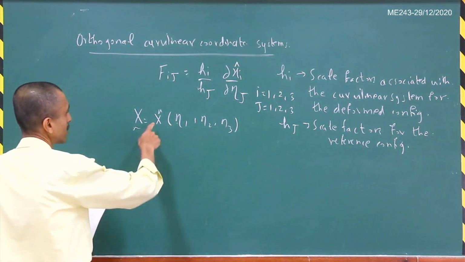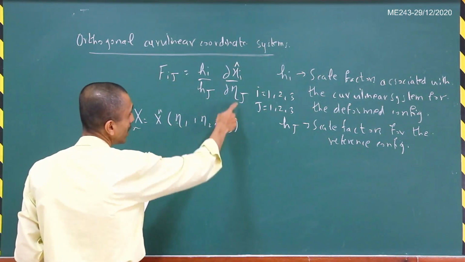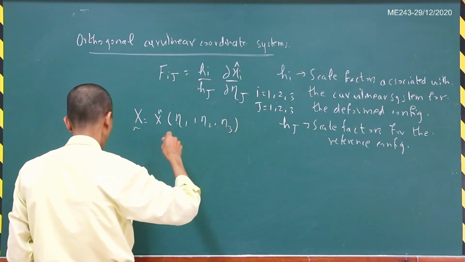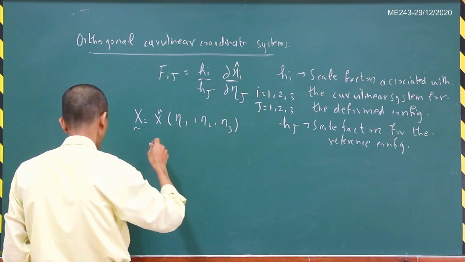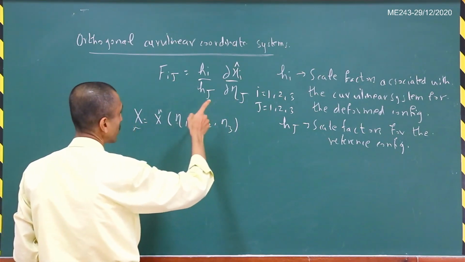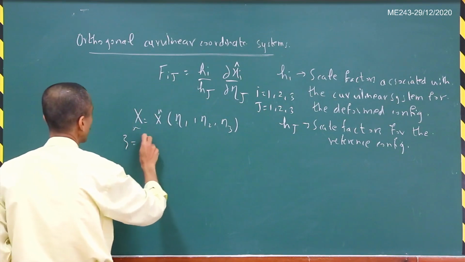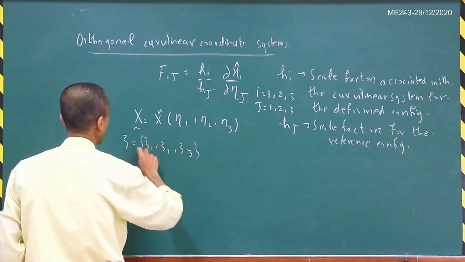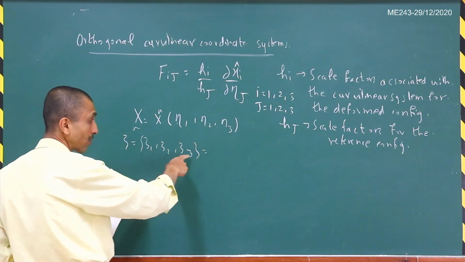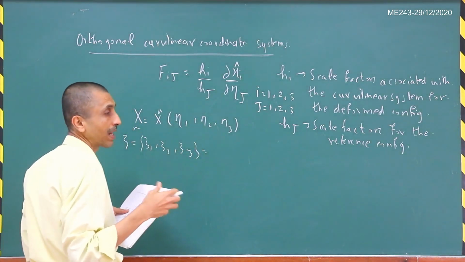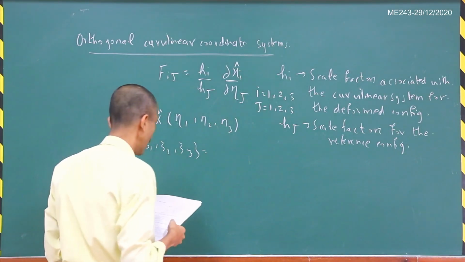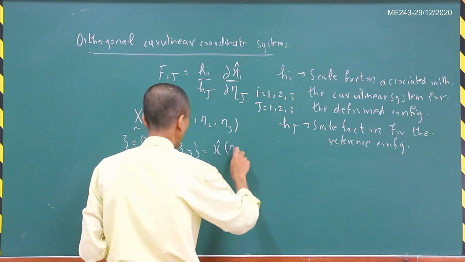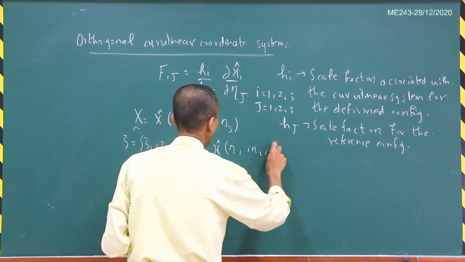This x is a function of eta1, eta2, eta3, the curvilinear coordinates used for the reference configuration, and suppose xi equal to xi1, xi2 and xi3 are the curvilinear coordinates used to parameterize the deformed configuration, then that is equal to chi hat of eta1, eta2, eta3.